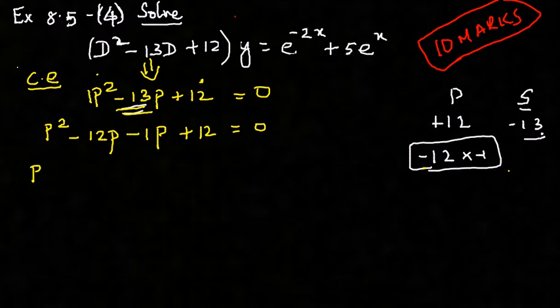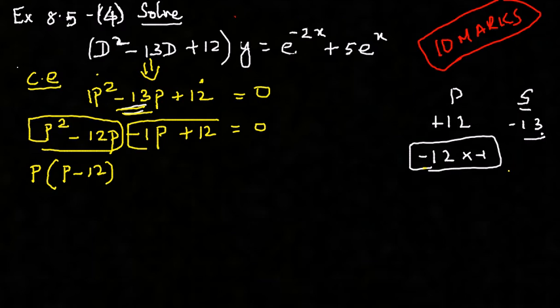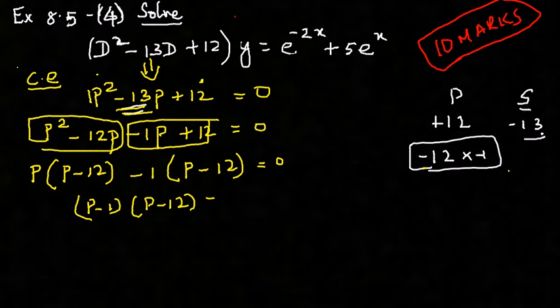Now between these two terms, you take p common outside, you will get p minus 12. And between these two terms, I'm going to take minus 1 common outside, so I'll get p minus 12. So I have p minus 1 and p minus 12 equal to 0, and therefore p is equal to plus 1 or plus 12.